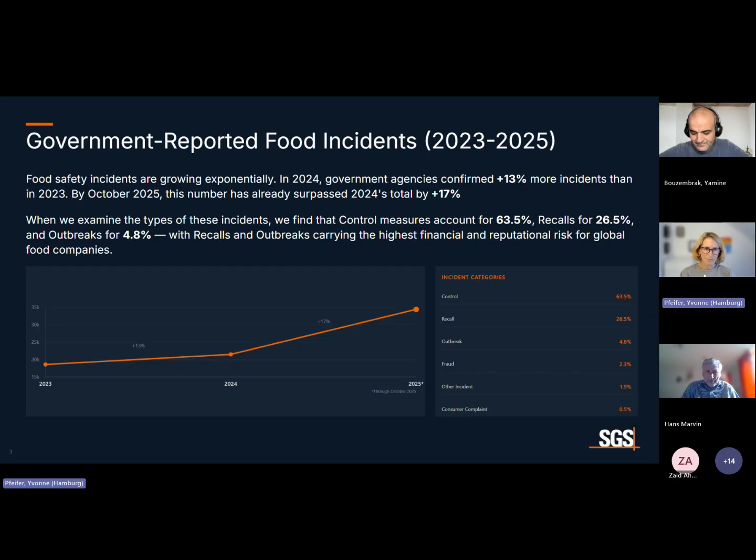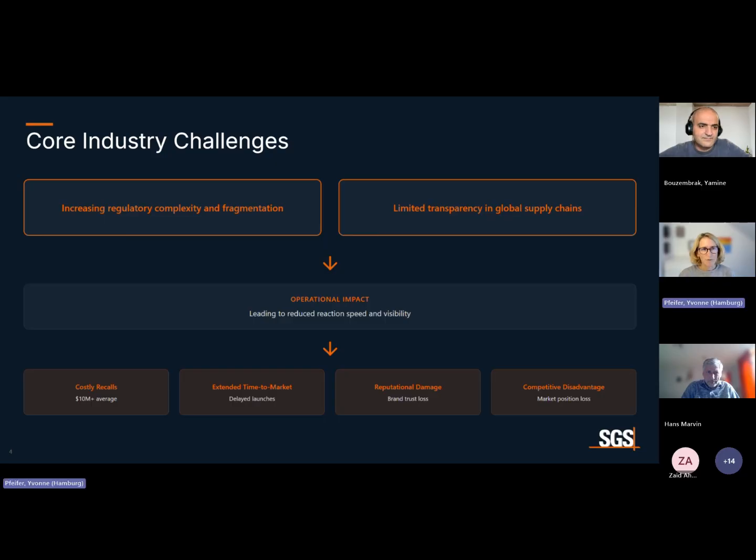If we look a bit more at the types of incidents, control measures account for around 65%, recalls 27%, and outbreaks around 5%, with recalls and outbreaks carrying the highest financial and reputational risk for global food companies. In the industry, we see two main challenges.